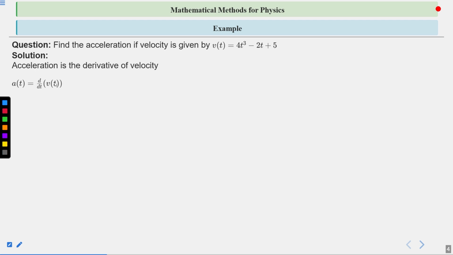So, acceleration is equal to the rate of change of velocity, and we know v of t is 4t cube minus 2t plus 5. Now, take the derivative.